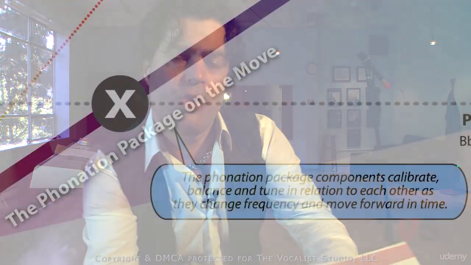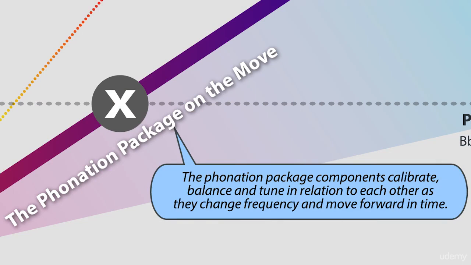It says, the phonation package, that's all the technical components that we're learning and training here, components calibrate, balance, and tune in relation to each other as they change frequency and move forward in time. So let's go on to the next lesson and ponder that.